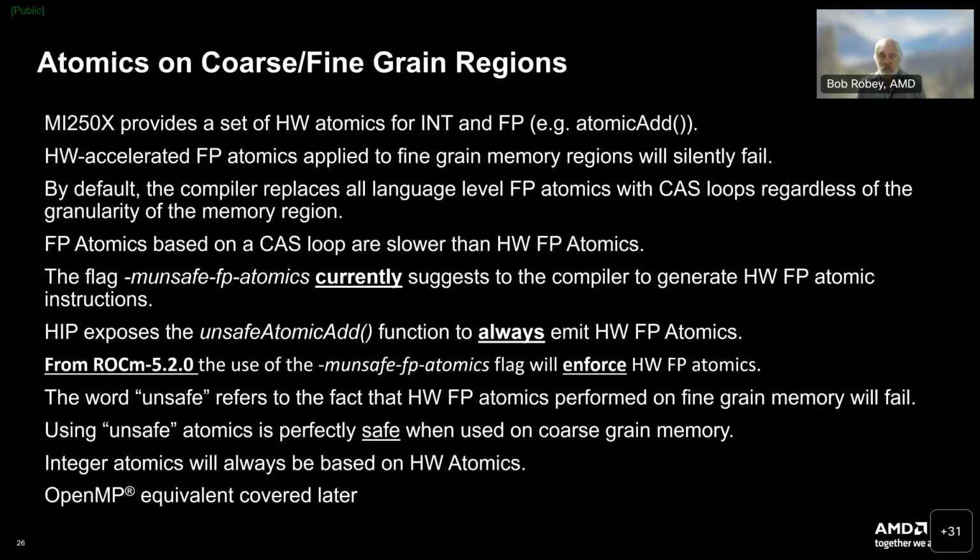And then there's also a call, unsafe atomic add, which is a hardware atomic add, and you can use that to force the hardware atomics. From ROCm 5.2, that flag will force the hardware atomics to be used.